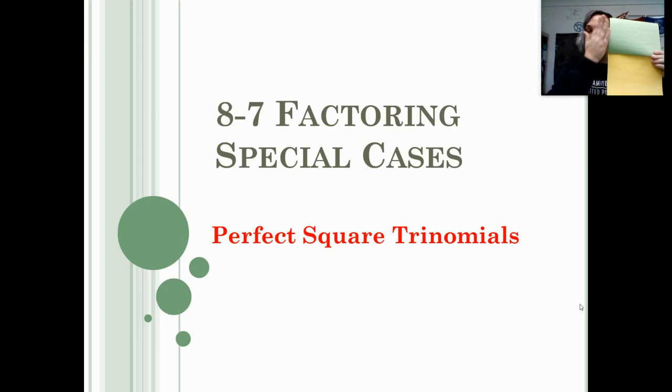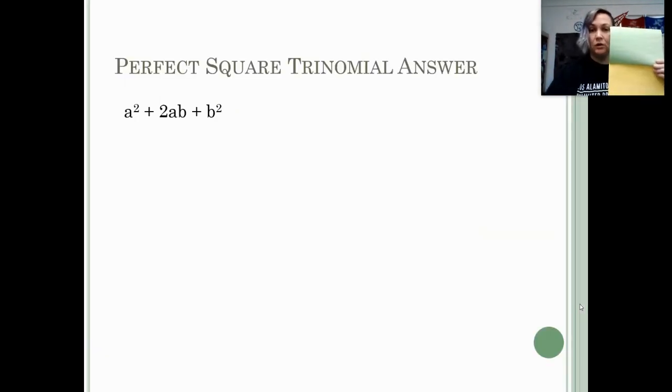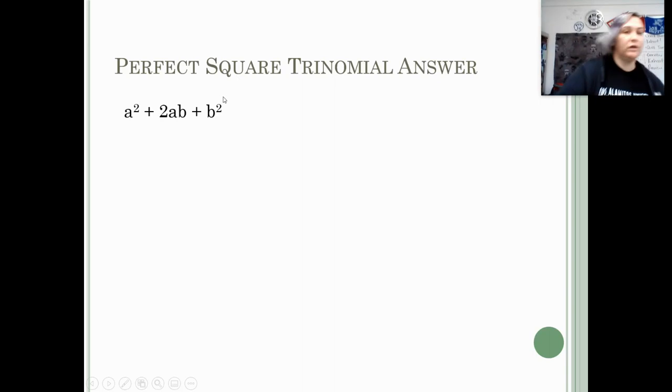We're going to start back up in the examples, and what I'm going to put on the screen first, you're going to have already written up here. So we're continuing the examples, right? We had already done a problem like this, a squared plus 2ab plus b squared.